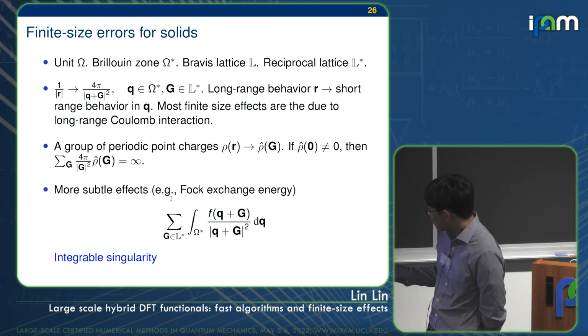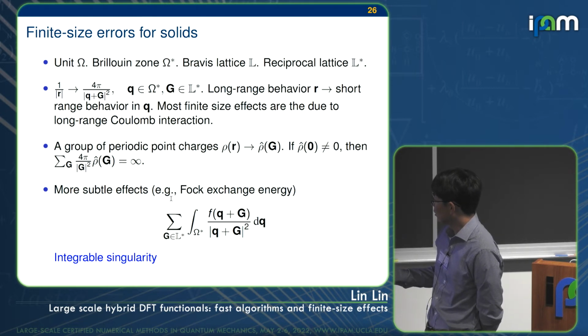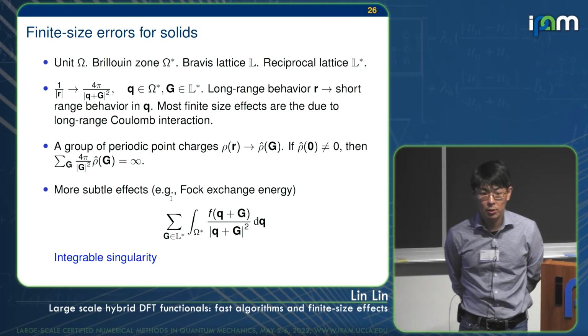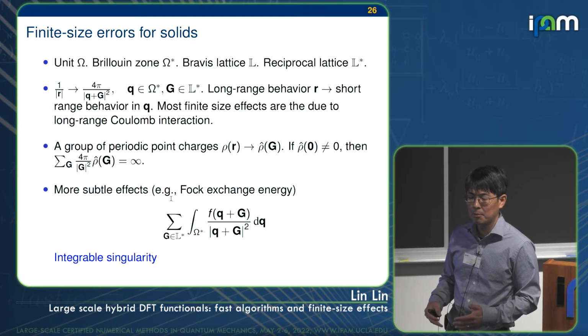More subtle effects, such as the Fock exchange energy, takes the following form, where this F is not like a bunch of Dirac cone. You need to integrate with respect to Q, and this is an integrable singularity, but that will still create a lot of troubles when you try to converge it. Why is this an important issue?